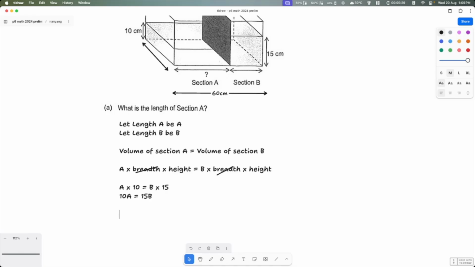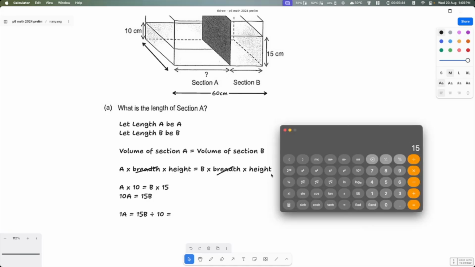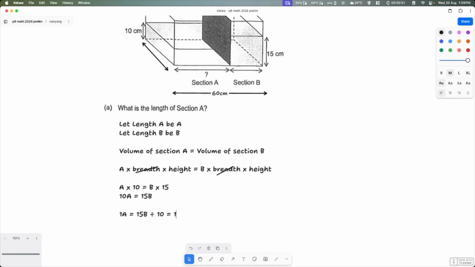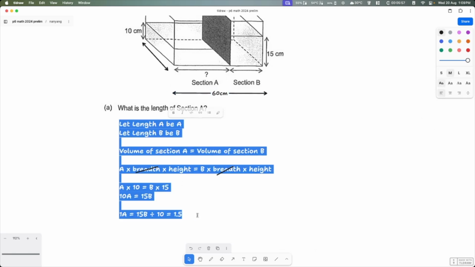Then 1A is equal to 15B divided by 10, which if you calculate, is 1.5B. We also know that length A and length B add up to 60 centimeters.